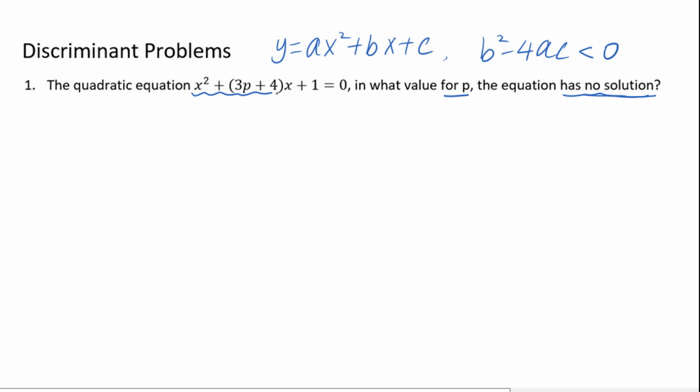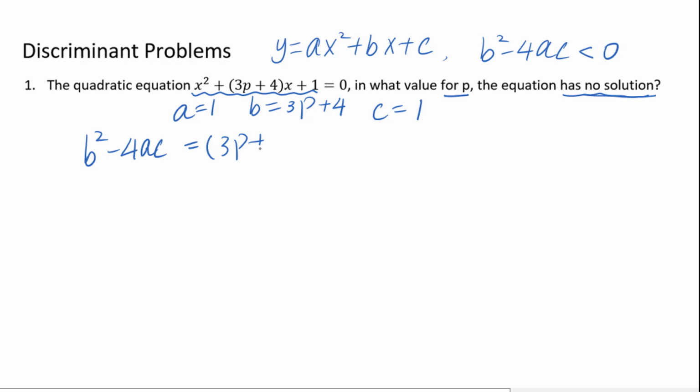So for this equation, a equals 1, b equals 3p plus 4, c equals 1. Then b squared minus 4ac equals (3p plus 4) squared minus 4 times 1 times 1.